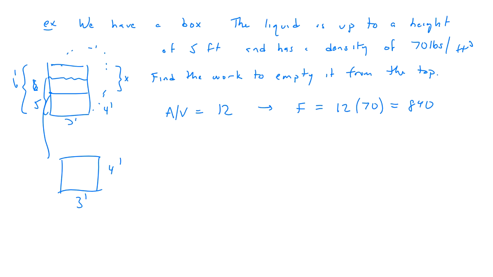Right, so the 12 really is an area because we're just doing the 3 times the 4, the area of the cross section. But we're thinking of it as a volume because we're thinking that there's a delta x there. There's the thickness. And then the work, which I'll put at the end, is then the force times the distance.